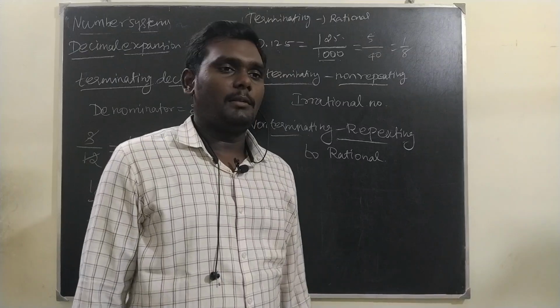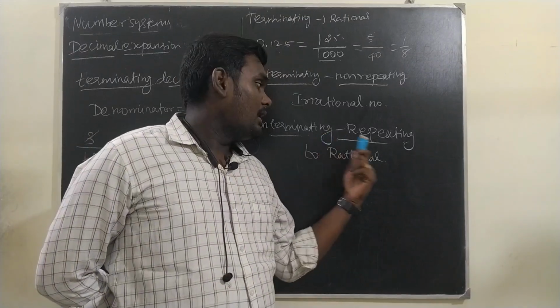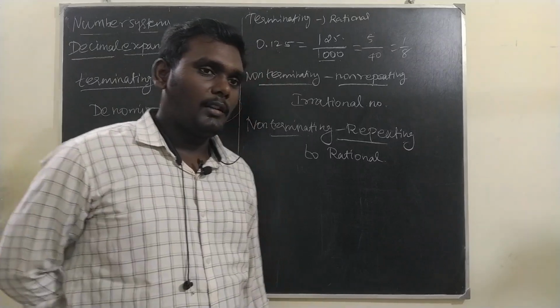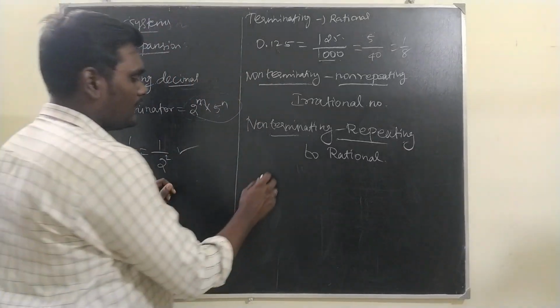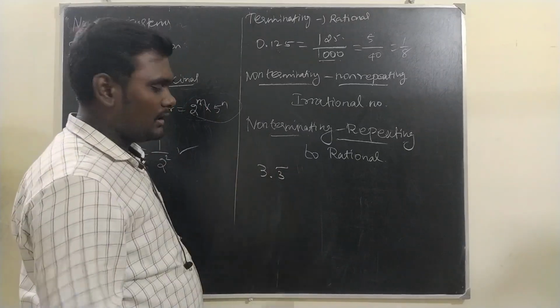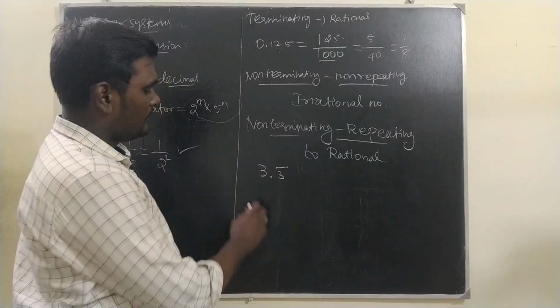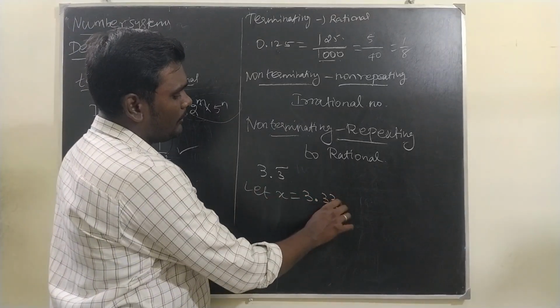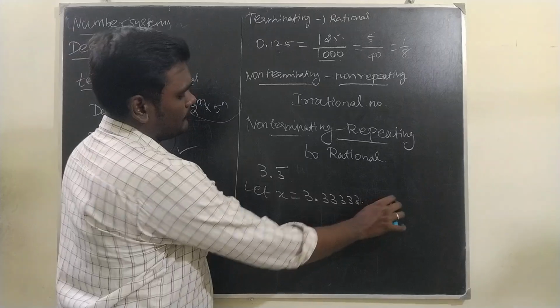We can't convert that into the form of p by q. But non-terminating repeating means we can convert that into the form of p by q. For example, let's take 3.3 bar. Whatever the number given, we have to take it as x. Let x equal 3.333.